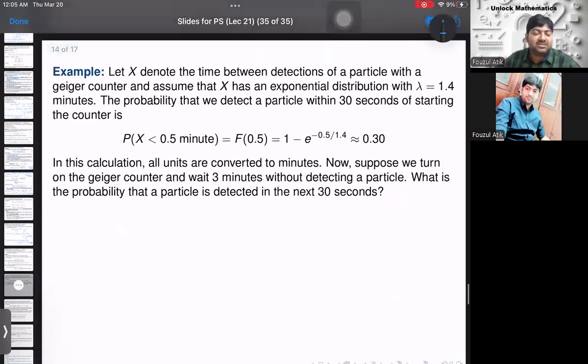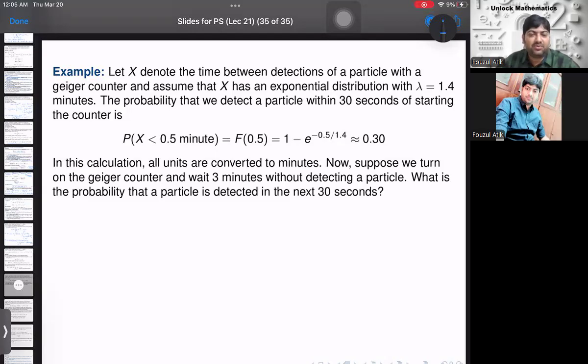Now we have another interesting problem related to the memoryless property, where we can apply the memoryless property to solve this problem as well. How can we do it? Let X denote the time between detections of a particle with a Geiger counter, and assume that X has an exponential distribution with parameter lambda equal to 1.5.